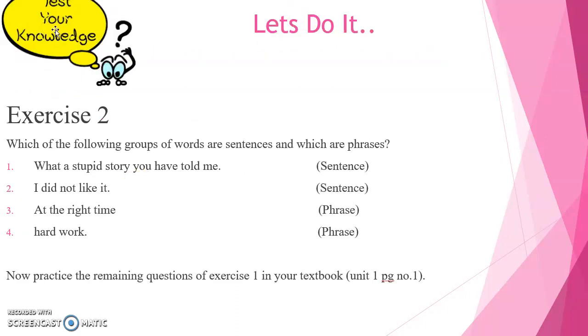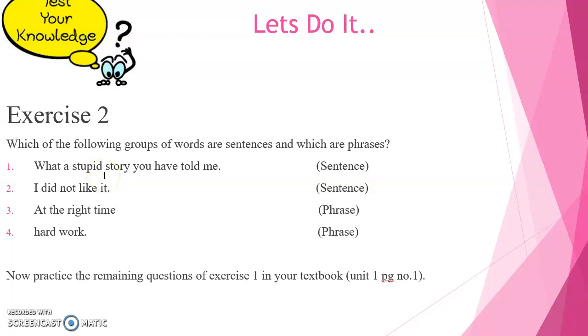Let's test your knowledge. Let's do it. Exercise 1. Which of the following groups of words are sentences and which are phrases? Without remembering the rules of phrases and sentences, we cannot tell whether these are sentences or phrases. So first we have to recall our rules of sentence and phrase.